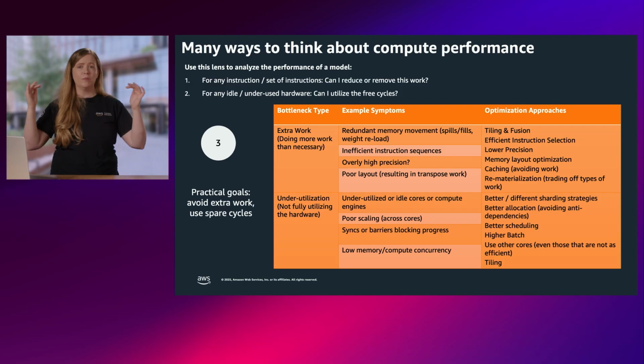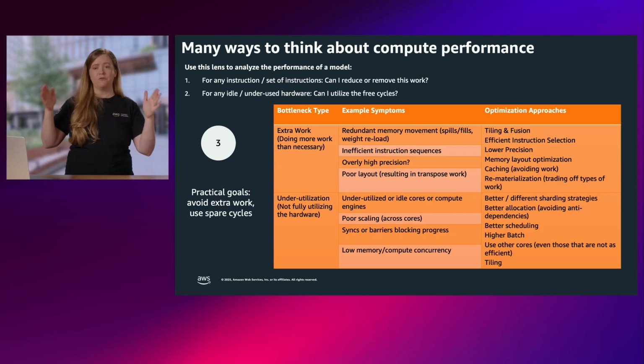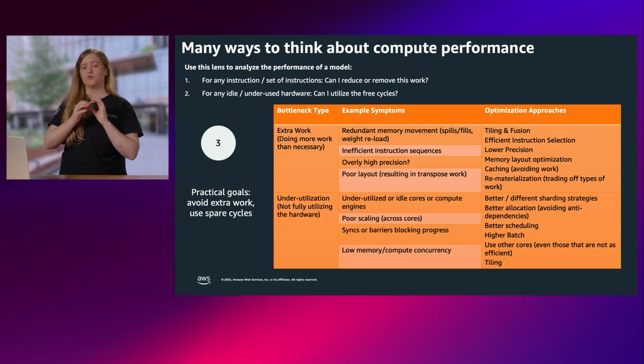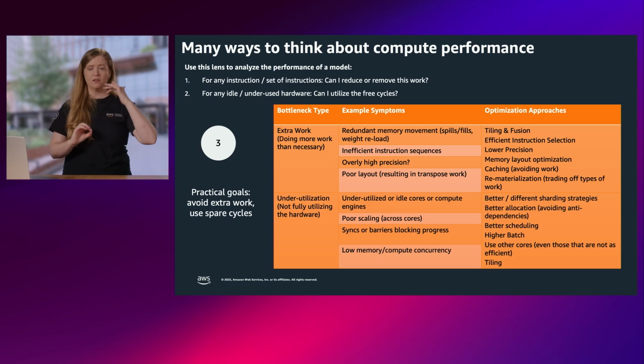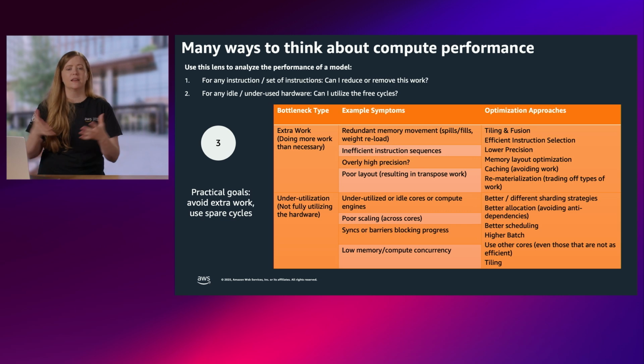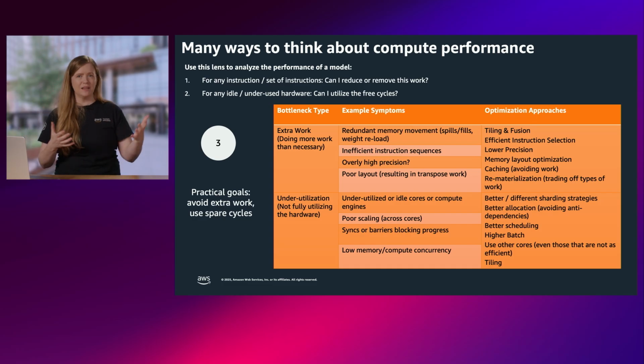For each of those symptoms, there are common optimization approaches you can use to reduce that extra work. You might do tiling, you might fuse the operations, you might select better instructions, you might lower precision, etc. So for that whole category of optimization techniques, the way to think about it is, can I stop doing extra work, basically?